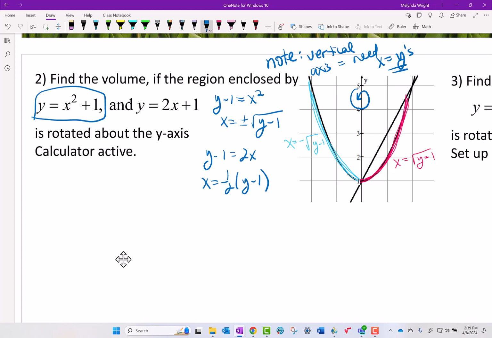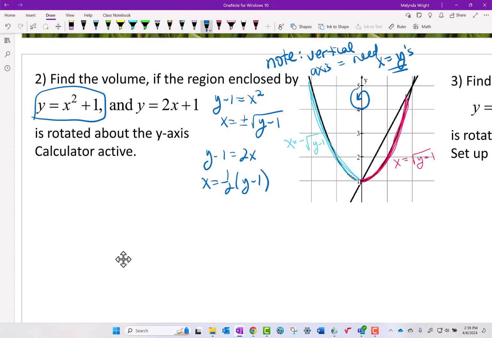And so let's think about this. When we're doing big and little with y's, remember, it's not top and bottom, is it? For x's, top is big and bottom is little. Big minus little is top and bottom. When we're doing y's, which direction do we go? Left and right.